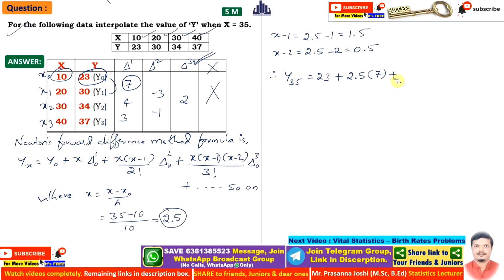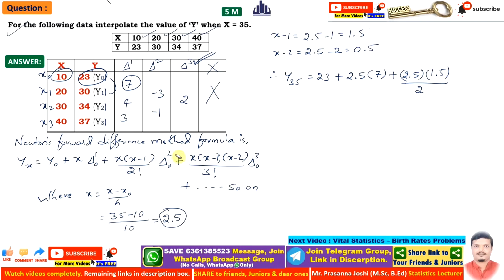Then plus in between and x into x minus 1 divided by 2 factorial. X is 2.5 into x minus 1 is 1.5 divided by 2 factorial. 2 multiplied by 1 is 2. Then delta0 2. Delta0 2 value is minus 3.